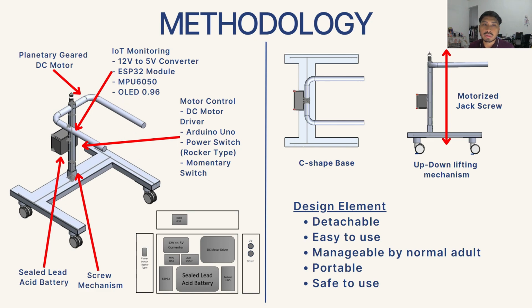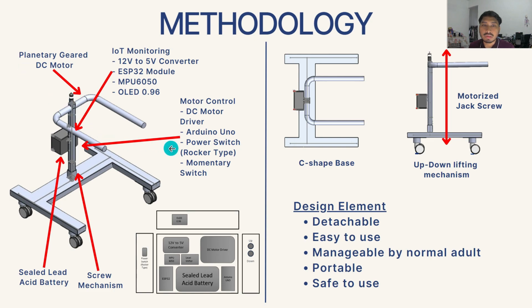IoT monitoring is basically for the caregiver to monitor the patient when lifting and before transferring. The second section, motor control, is to control the speed of the motor, which is the planetary geared DC motor.